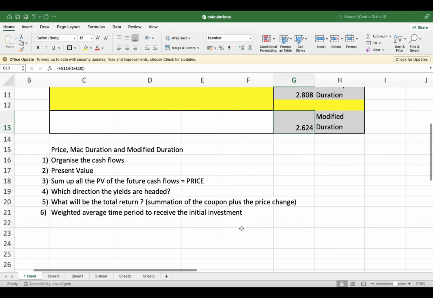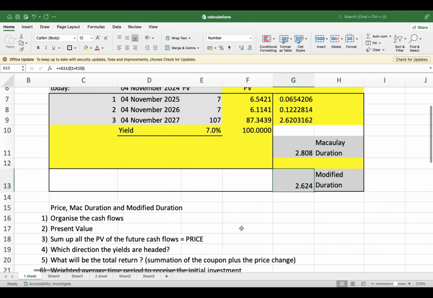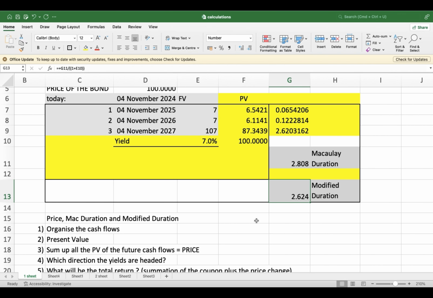Modified duration is the interest rate sensitivity. What does it mean? It means that if interest rates come down by 1%, prices go up by 2.624%. Let's look at whether it actually happens.